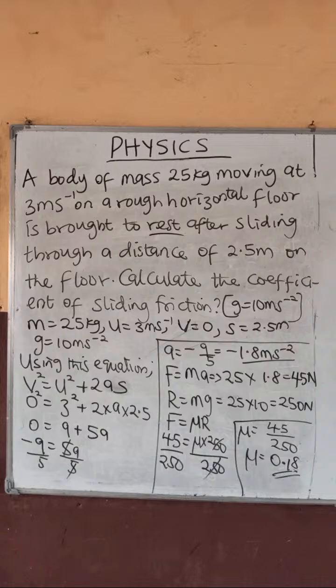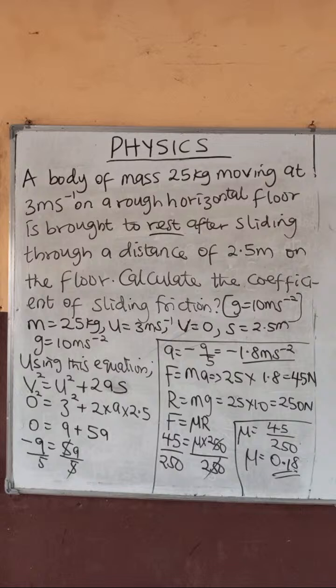Now let me state it. When a body starts from rest, its initial velocity u equals 0. But if a body did not start from rest, the first velocity given is the initial velocity.